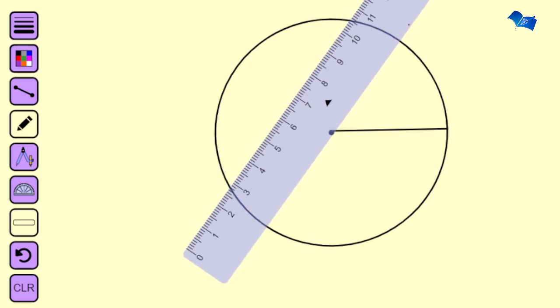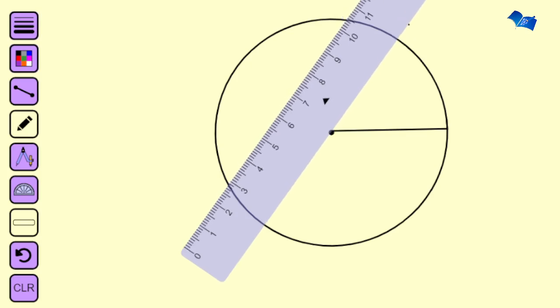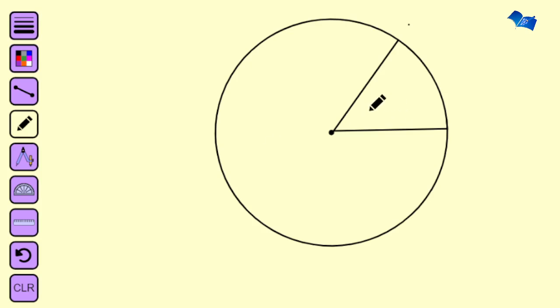Of course, if this is not a digital ruler, I would be done with this by now, but it takes more skill to handle this. All right, so this is 54 degrees and this is for house rent.